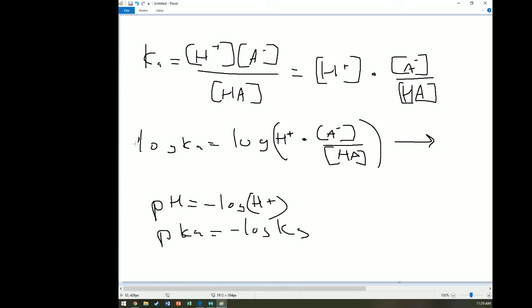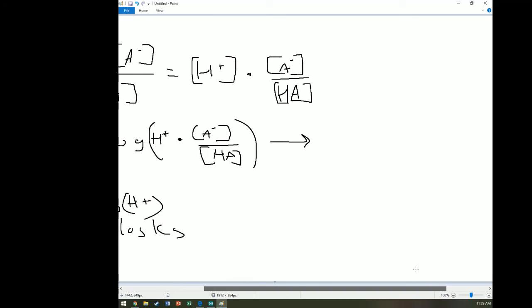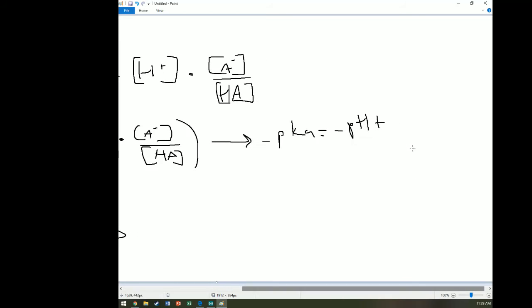Now, if I multiply everything by negative 1, this becomes negative pKa equals negative pH plus log A minus over HA.